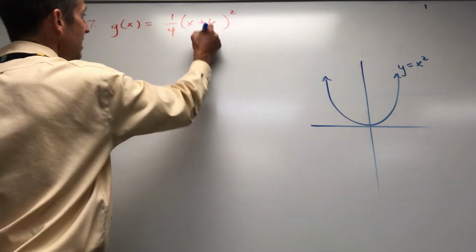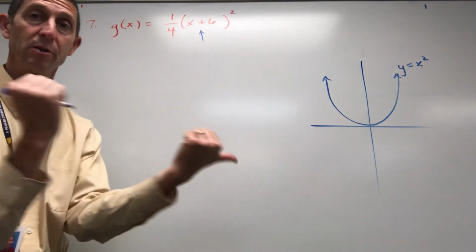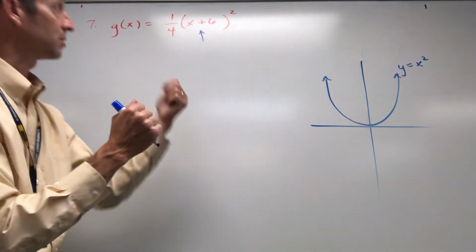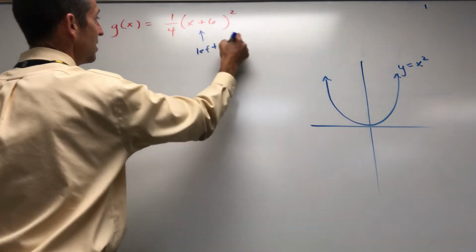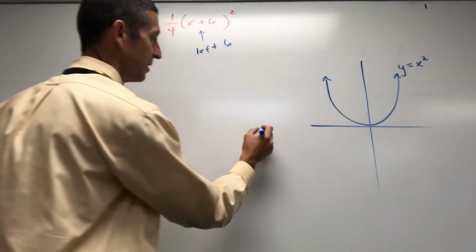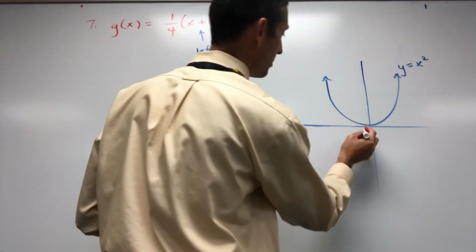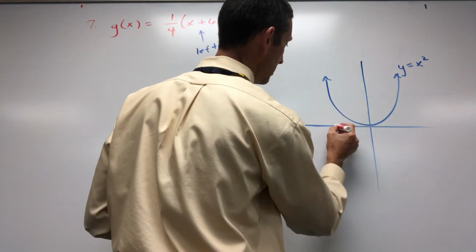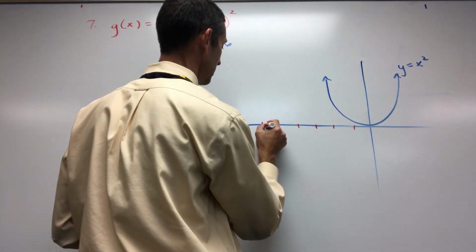Now you're inside here. When you're inside that parentheses, that decides whether you're going left or right. And it's always the opposite inside here. So positive 6 means we're going left 6 spots. Let me see if I can stretch this out 6 spots. So here's 0, 1, 2, 3, 4, 5, 6.